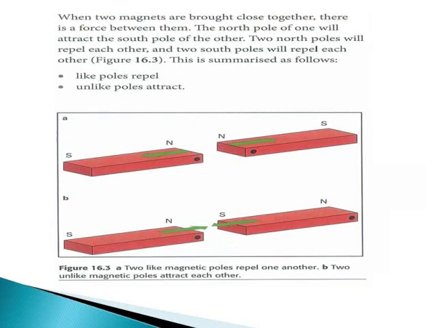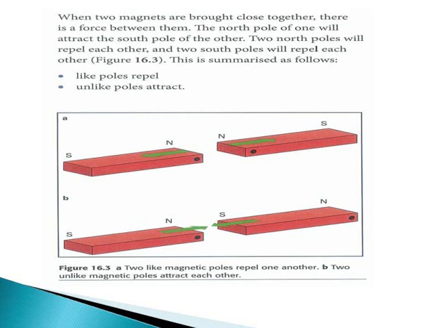As we can see here in figures A and B, when two magnets are brought close to each other, there is a force between them. In figure A, the closest poles are N and N, they are the same.